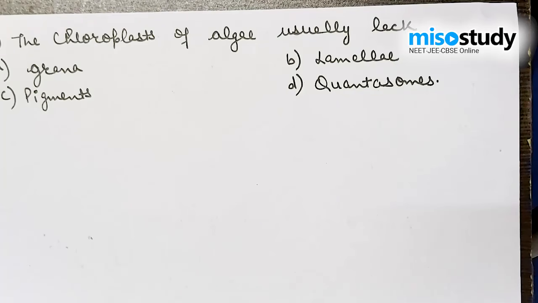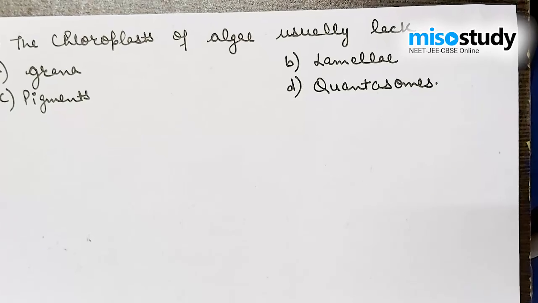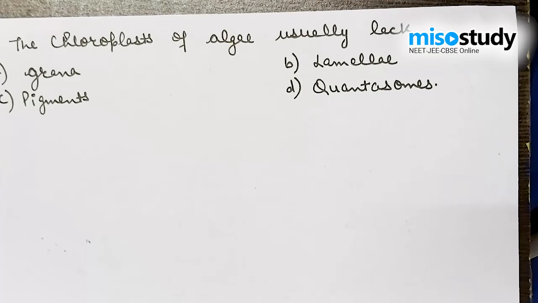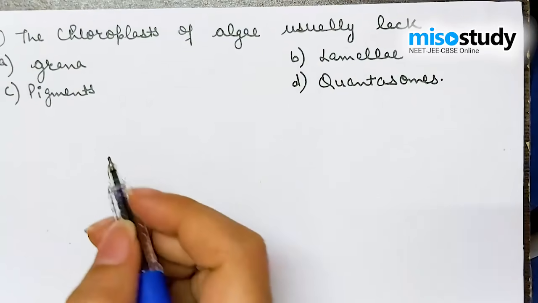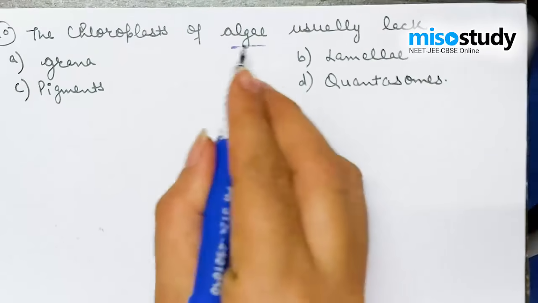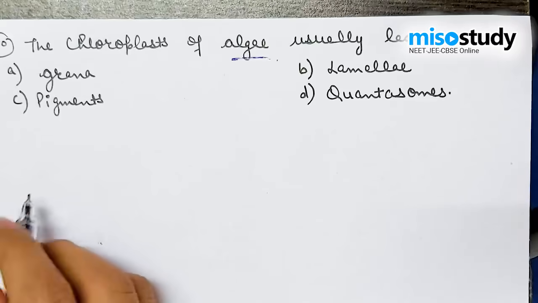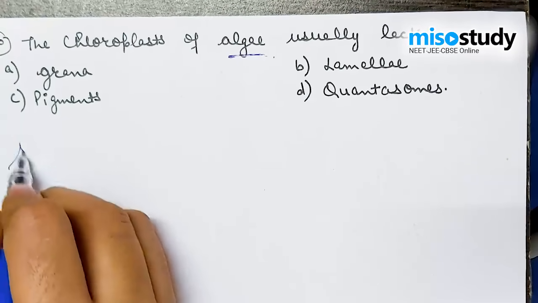First of all, we discuss the chloroplast. As we all know, chloroplast includes the pigments that help in photosynthesis. And we generally discuss the algae part.